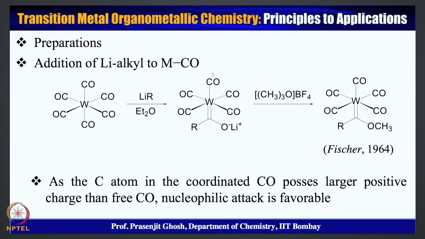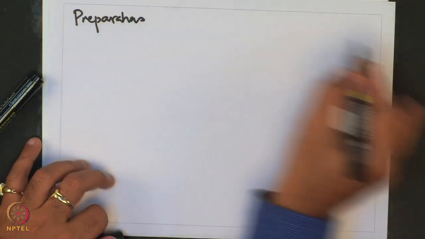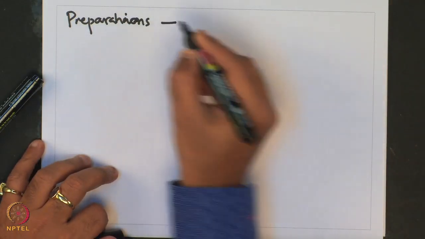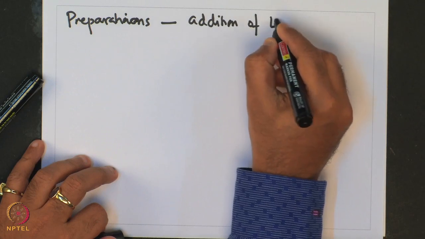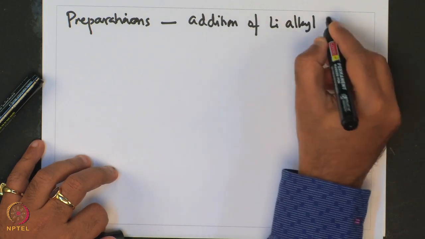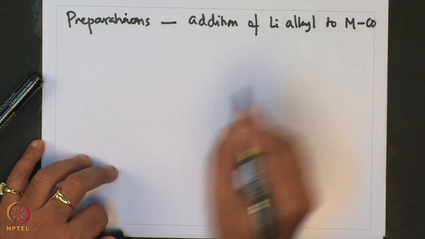So, let me now discuss in more detail these two carbene compounds, beginning with the preparation of these complexes. The first carbene was prepared by Fischer, obviously then this is the Fischer carbene, and was obtained by addition of lithium alkyls to a metal carbonyl bond.